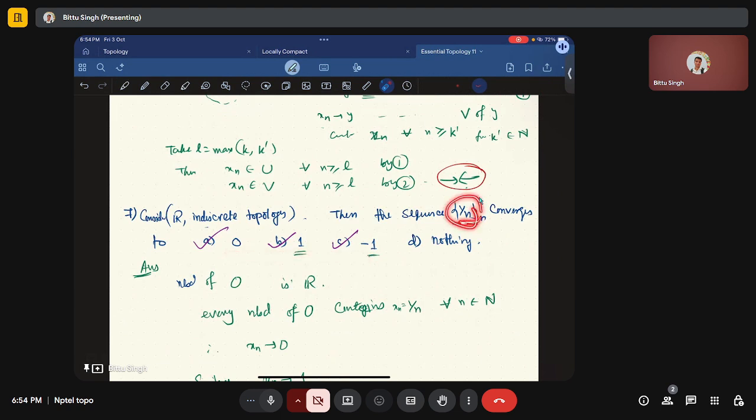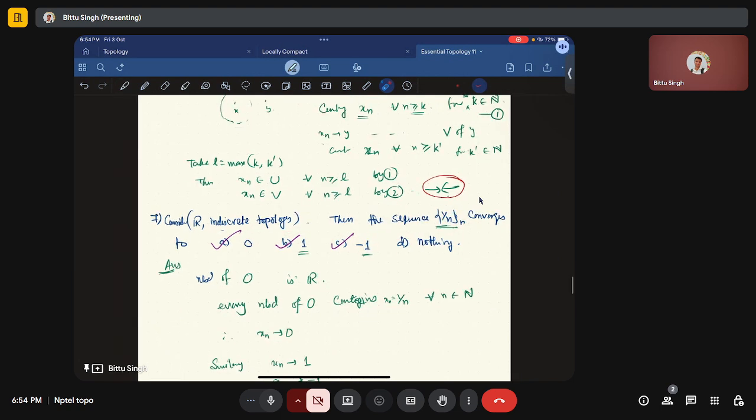So 1 by n also converges to 0, also converges to 1, and also converges to minus 1. Okay, so if the underlying topological space is a T2 space and a sequence converges to a point, then the point must be unique.